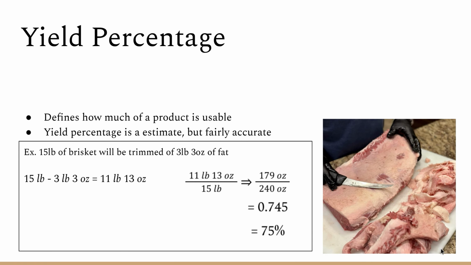Okay, so we're moving into a little more challenging applications. Yield percentage. This defines how much of a product is usable. And just know that the yield percentage is an estimate, but it is fairly accurate. Yield percentages are an estimate because with a product that requires trim, no two are the same. So no 2 briskets are the same, no 2 carrots are going to be the same, no 2 potatoes are the same.